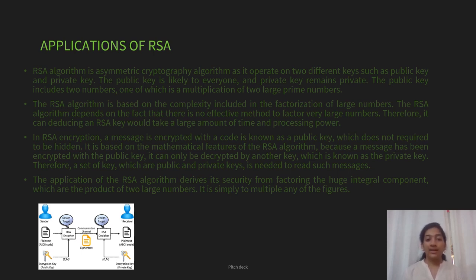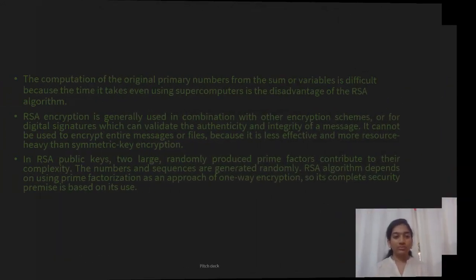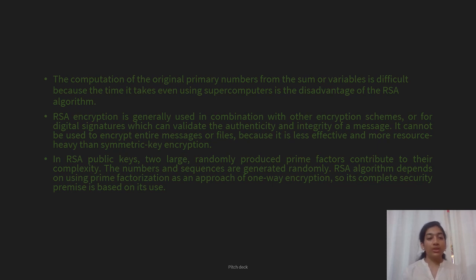The application of the RSA algorithm derives its security from factoring the huge integer, which is the product of two large numbers. It is simple to multiply the figures. The computation of the original prime numbers from the product is difficult because of the time it takes, even using supercomputers.